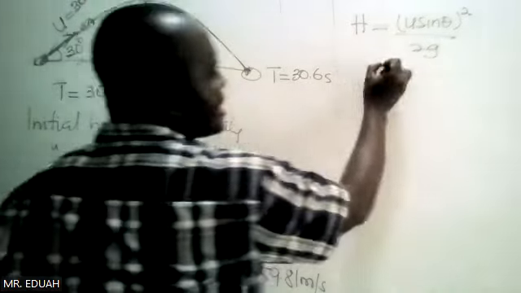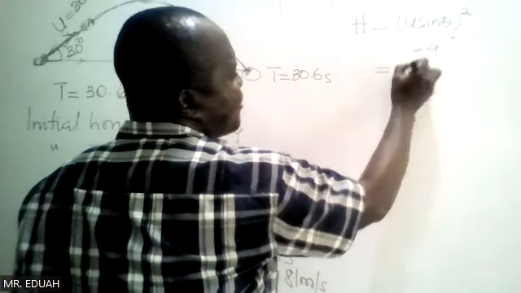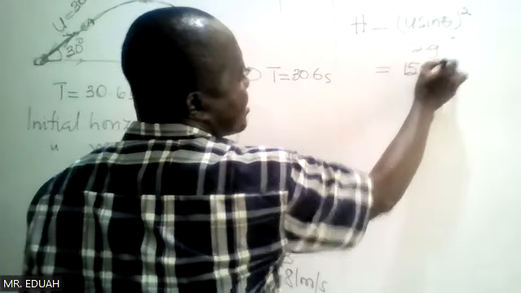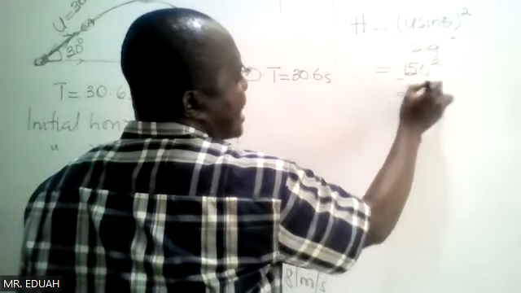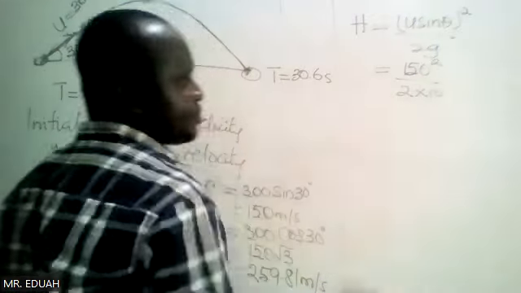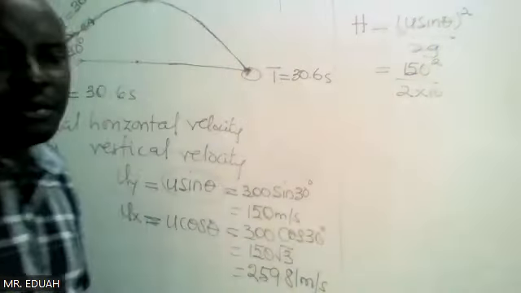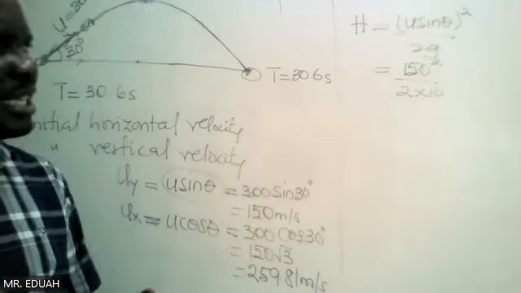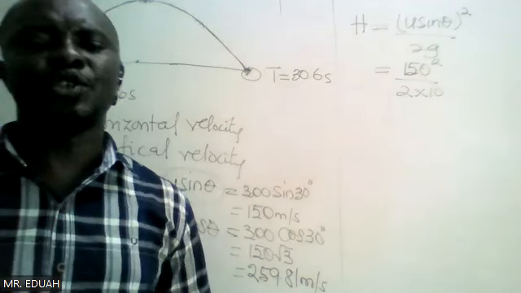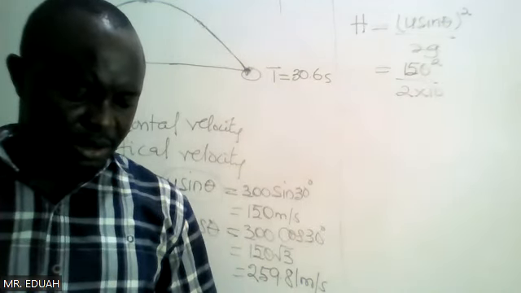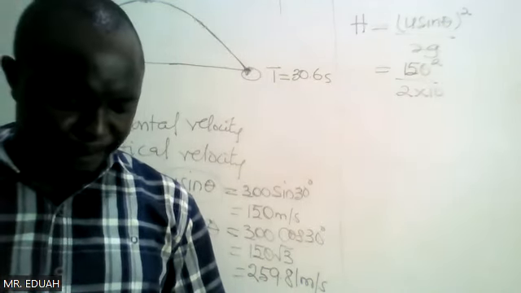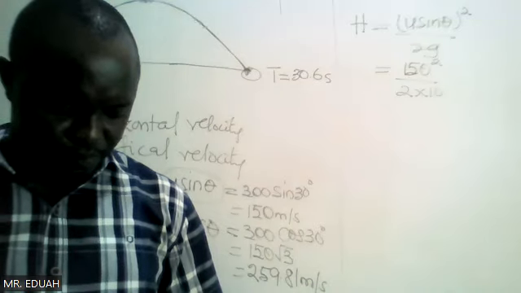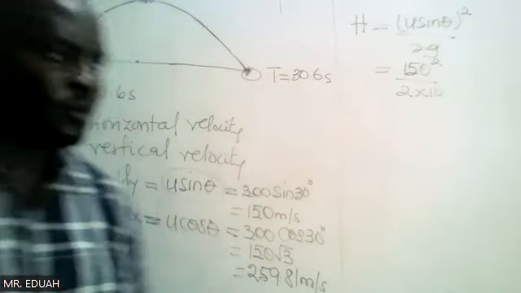So it means this is just 150 squared over 2 times gravity. So square 150, divide by 20. What's the answer? 1,125 meters.